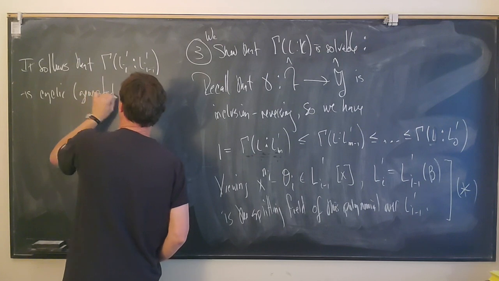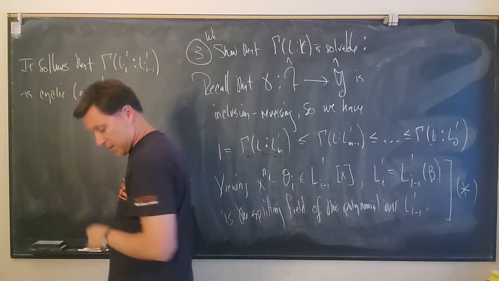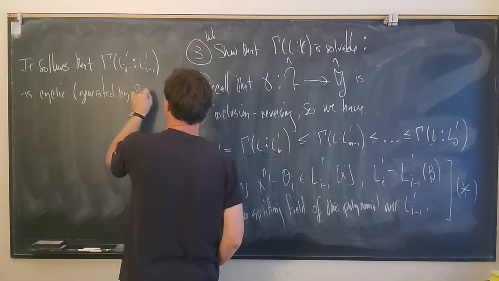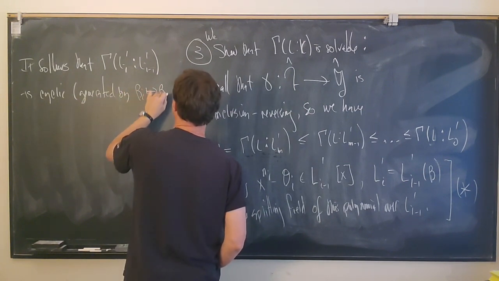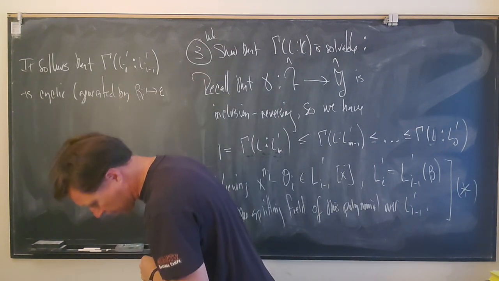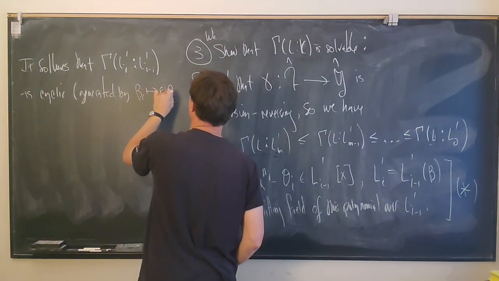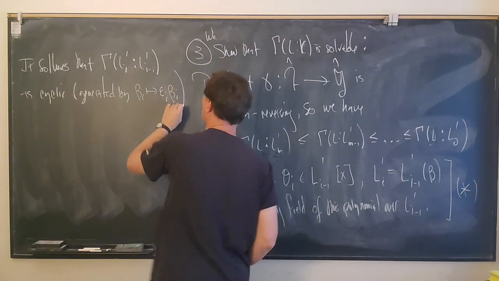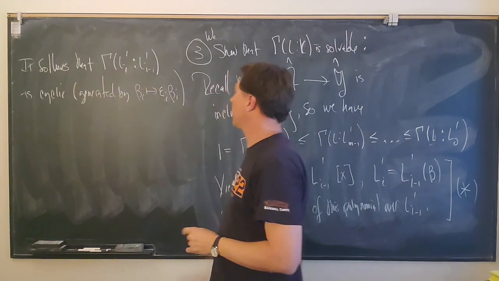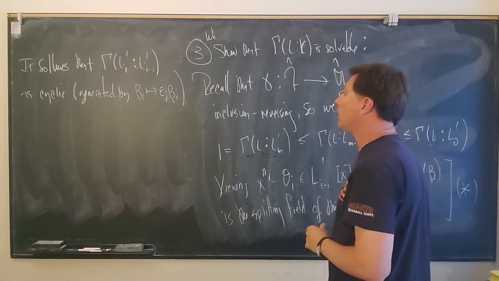It's generated by the mapping that sends beta sub i to epsilon times beta sub i. That mapping then generates everything in the automorphism group.